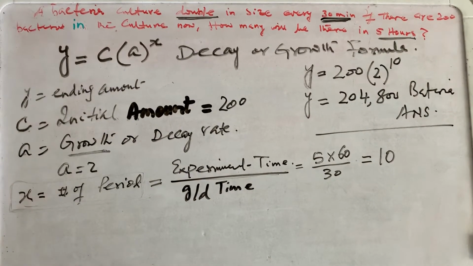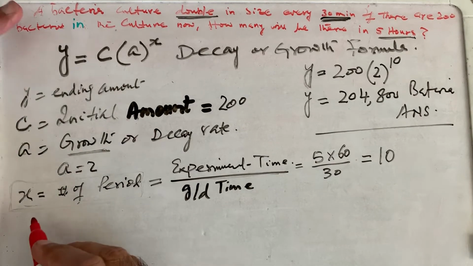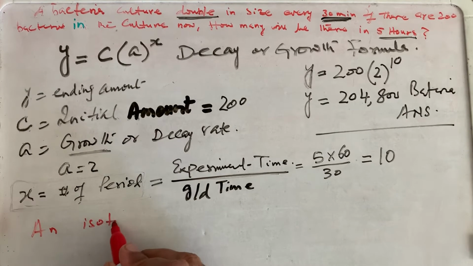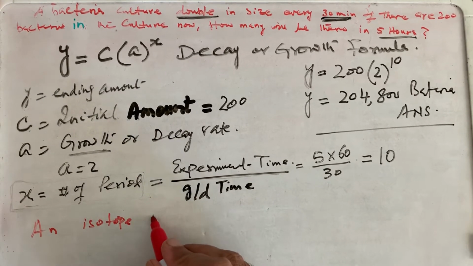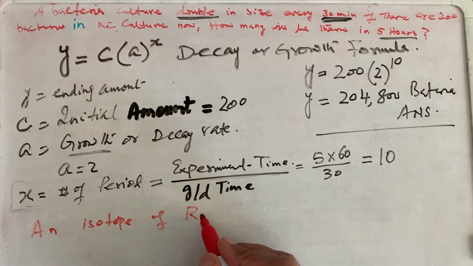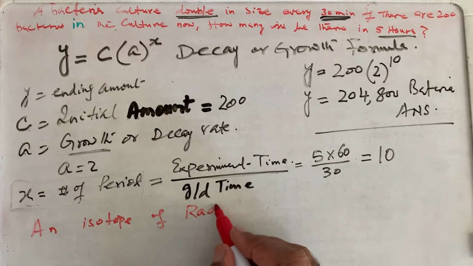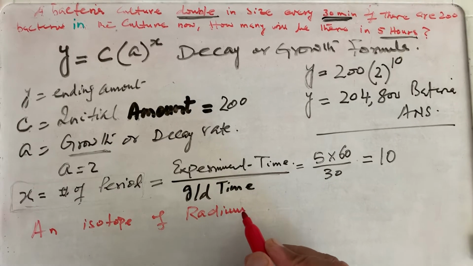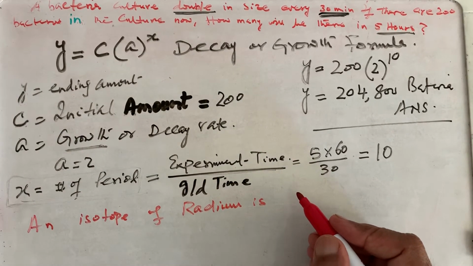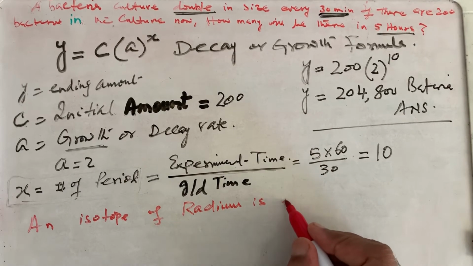Another type of question is asked in the same sense. An isotope of radium or radon, or anything like radium, is used by a hospital.